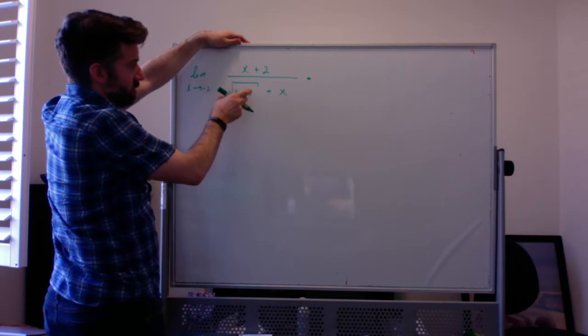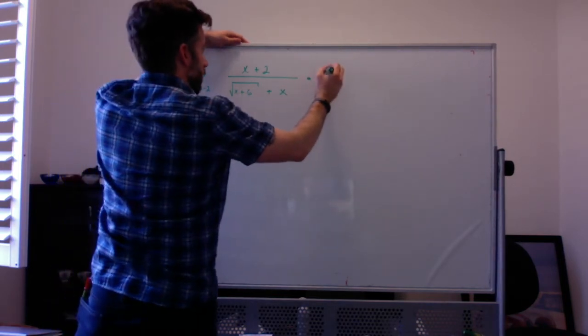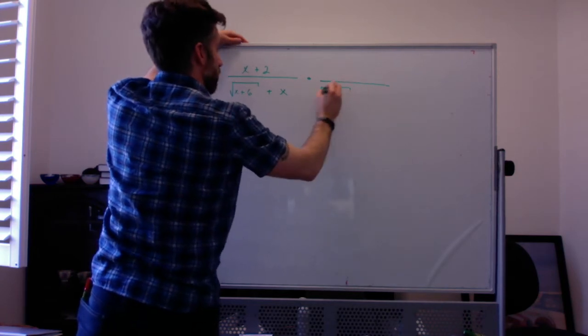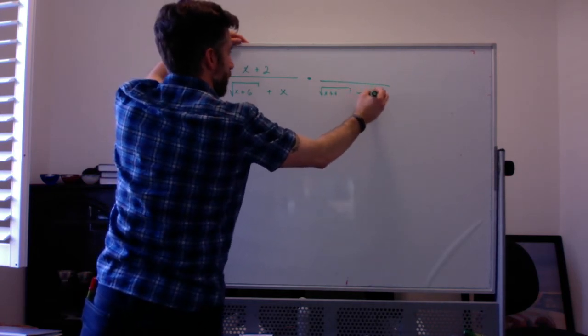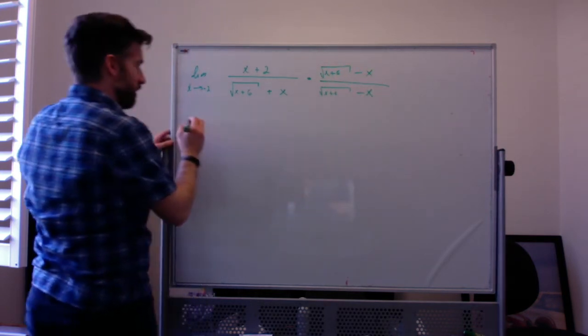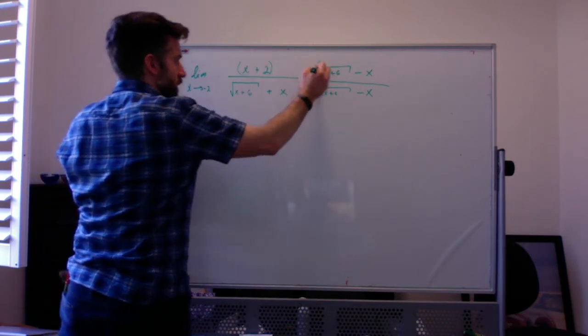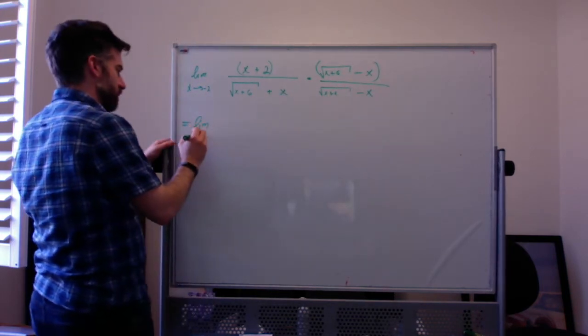The conjugate of this plus this is this minus this. So we multiply by the square root of x plus 6 minus x, same thing on top and bottom. Again, the things that aren't actually conjugates, we don't multiply out.